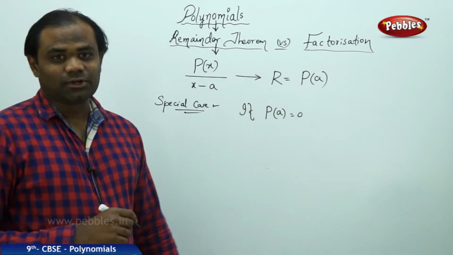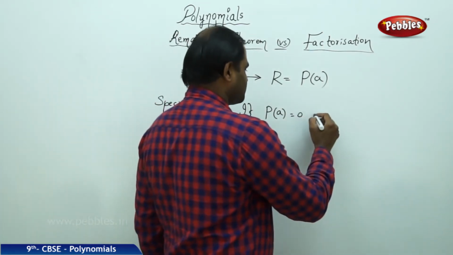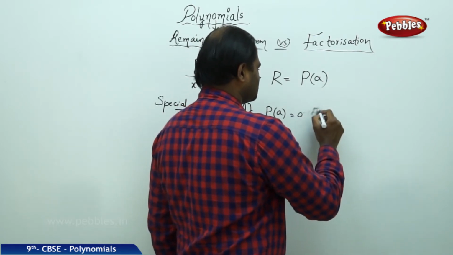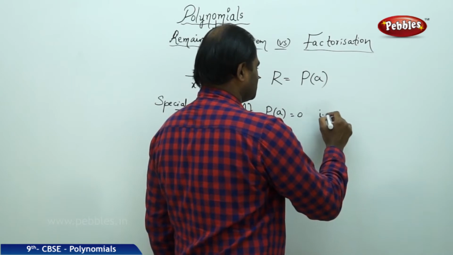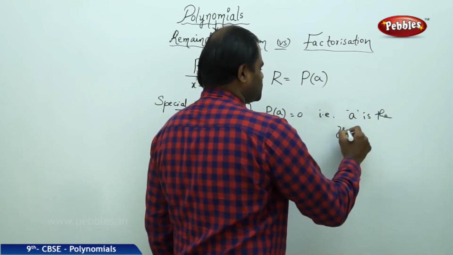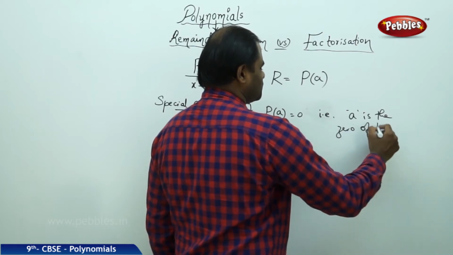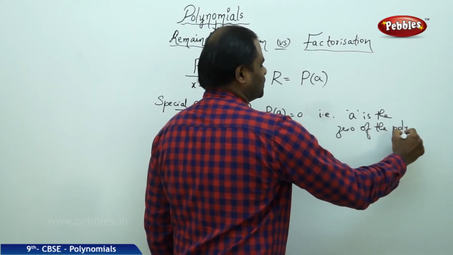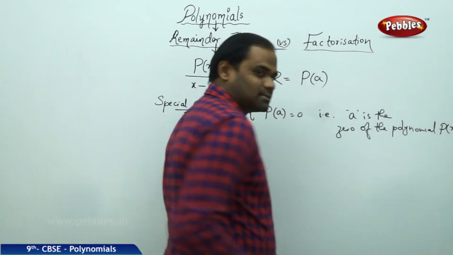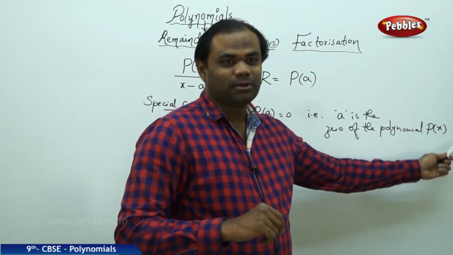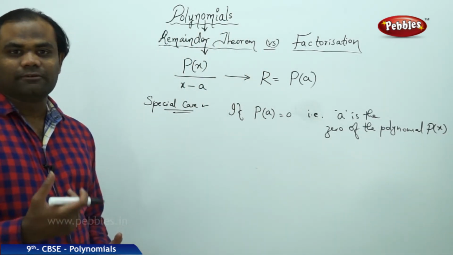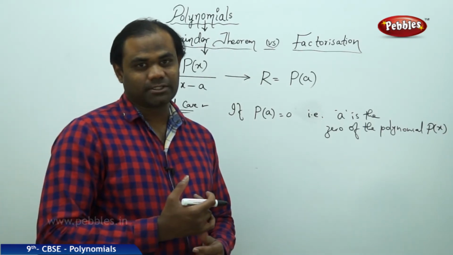If p of a is 0, that is, a is the zero of the polynomial p of x, which gives us a different way of understanding factorization.